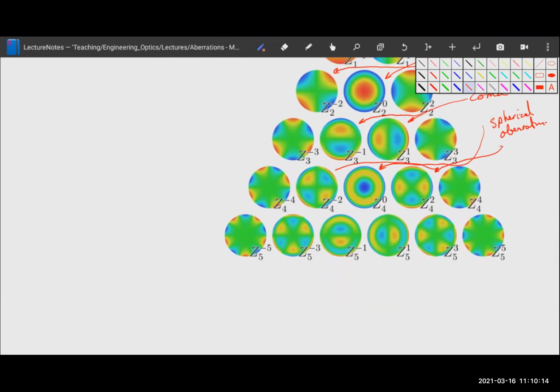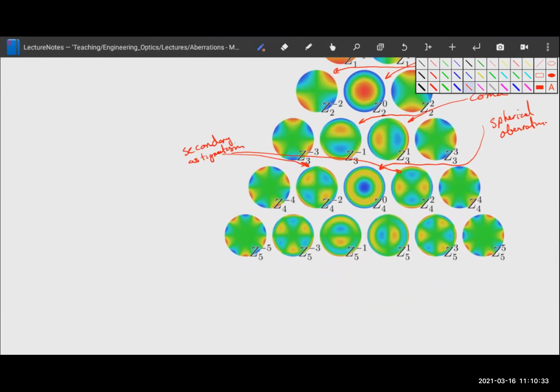Why did I do that? Let me undo that. That got confusing for me. It's going to be confusing for you. So we have these two here, which are secondary astigmatism.